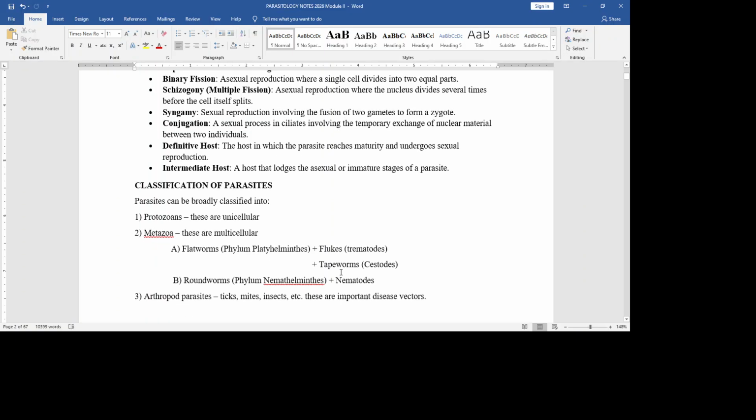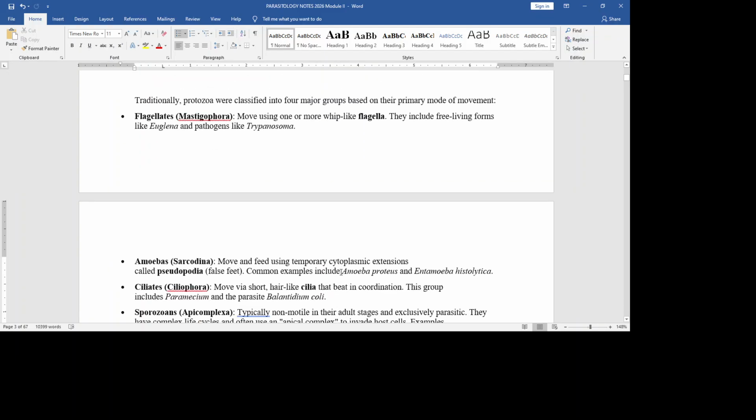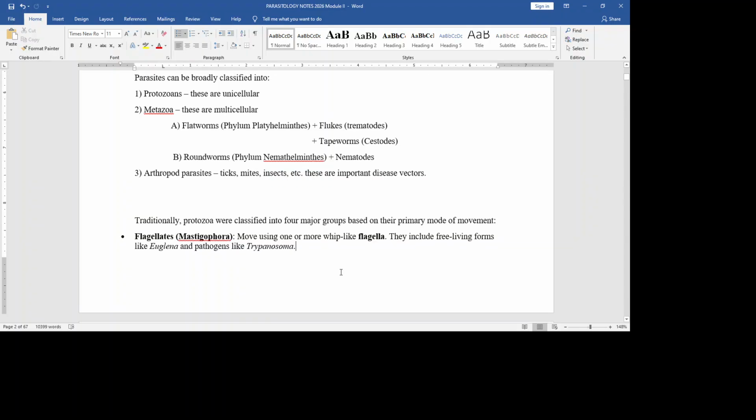Then we also have parasites of the arthropods, and these majorly act as vectors, although they may directly act as parasites. And this includes the ticks, mites, and insects, which are important disease vectors or per se parasites.